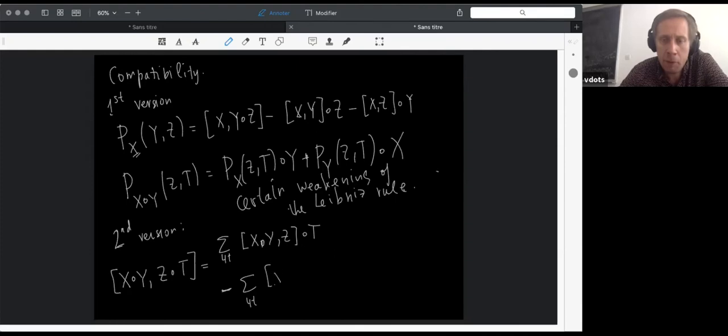A typical term will be the bracket of X, Z multiplied by Y multiplied by T. So you take one thing from the first place in the bracket and one thing from the second place. So there are 4 choices. You move either X or Y outside and either Z or T outside.